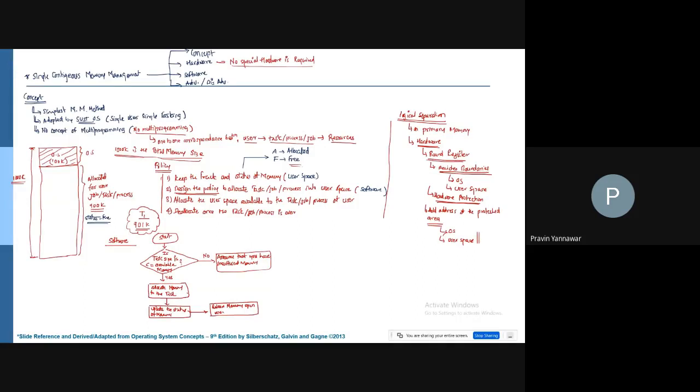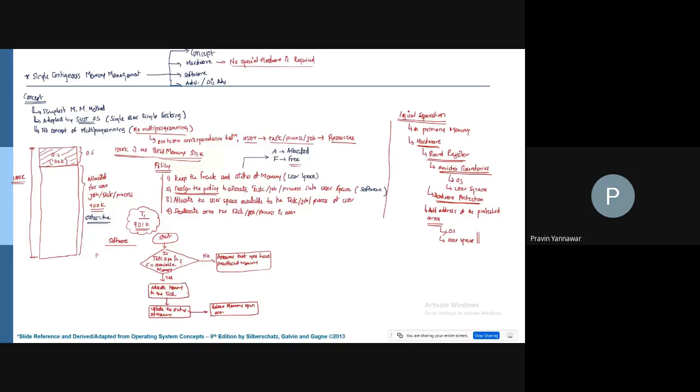If it is less than 900K, then only we can go for allocation. So in case of T1, we will simply announce that you have insufficient memory to accommodate T1.